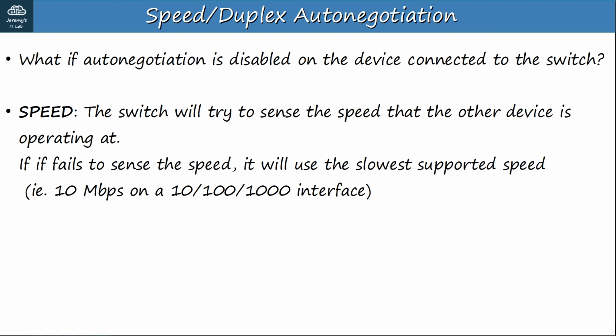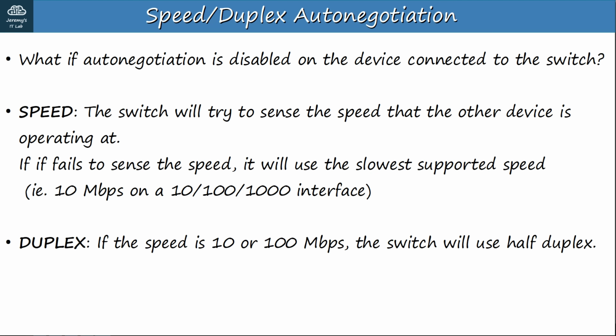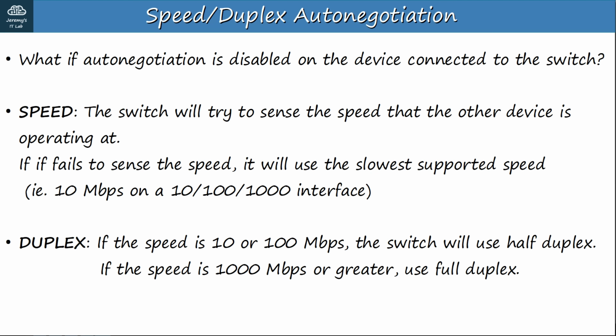If it fails to sense the speed, it will use the slowest supported speed. For example, 10 megabits per second on a 10, 100, 1000 interface. Now, as for duplex, if it ends up using a speed of 10 or 100 megabits per second, the switch will use half duplex. If the speed is 1000 megabits or greater, it will use full duplex.